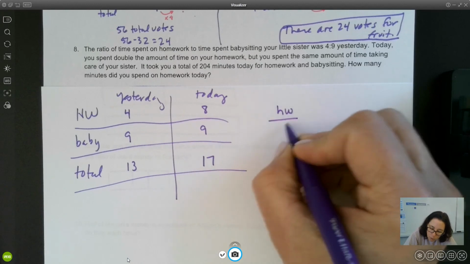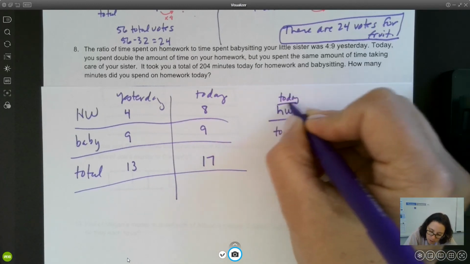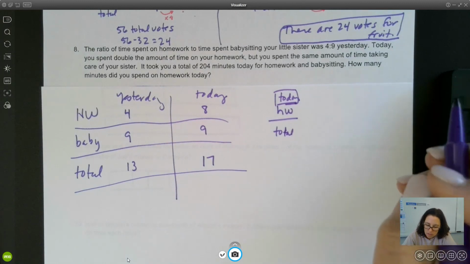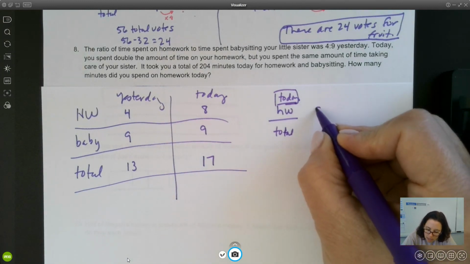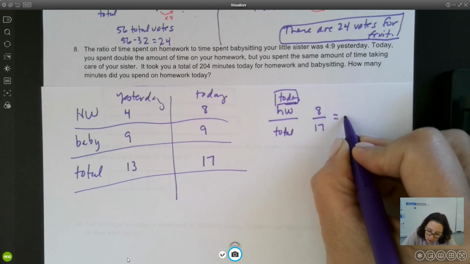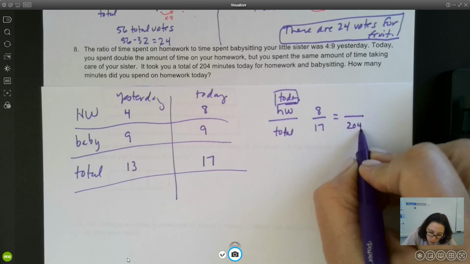So we're going to have homework over total, and this is really important to know that we're talking today. Let me put that in a box so it doesn't look like a fraction with 3 things. Okay, so homework today is 8, total today is 17, and then they give us this 204 value for the total.